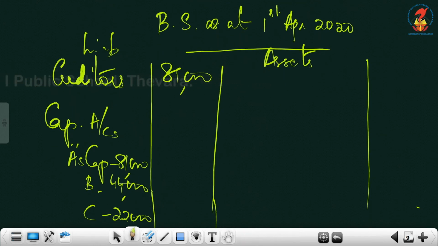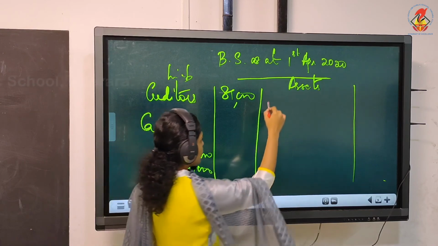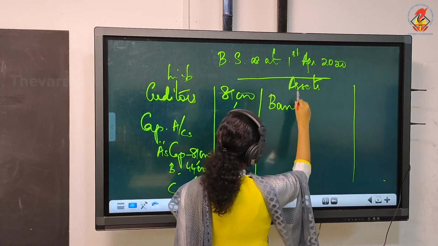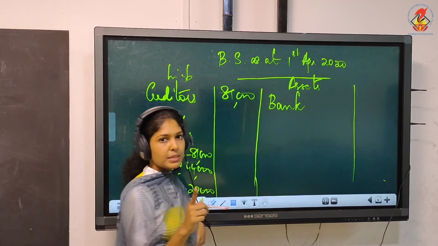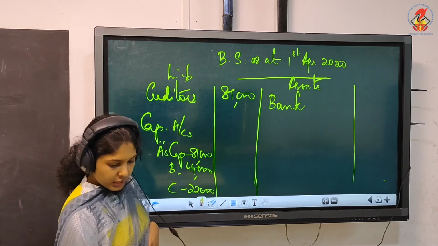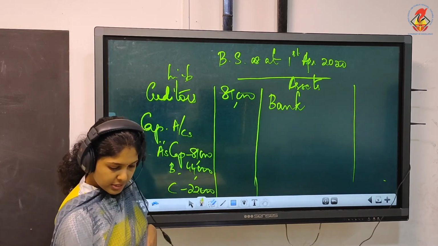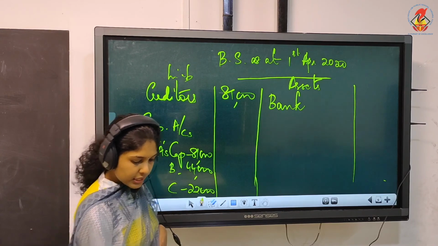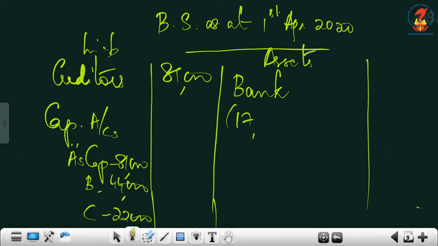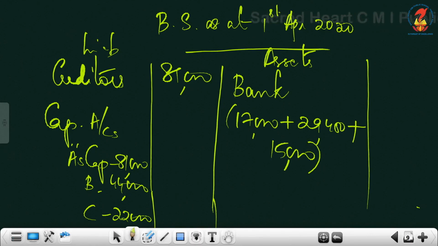Now on the asset side, there is bank. With bank, you have to add capital and premium for goodwill. Here, existing bank balance 17,000. Capital is 29,400 and premium for goodwill 15,000. So your bank balance will amount to 61,400.